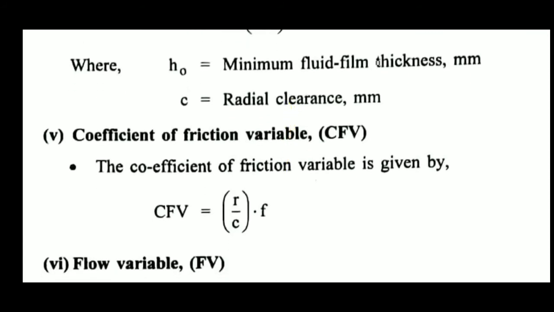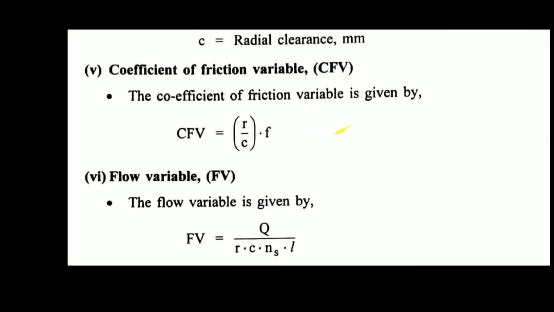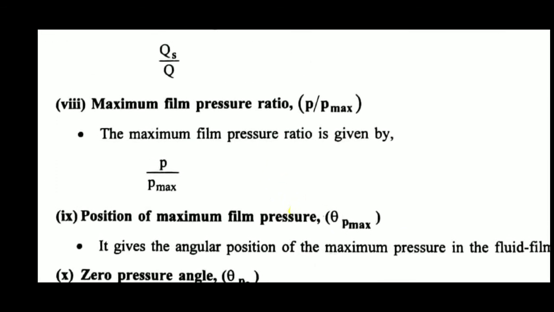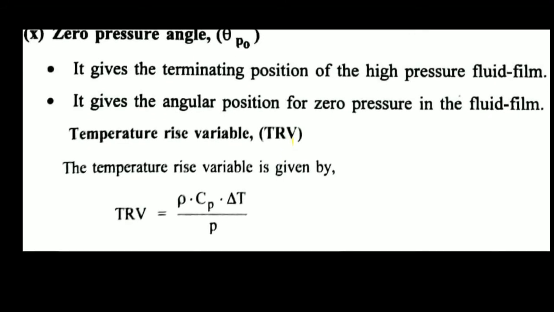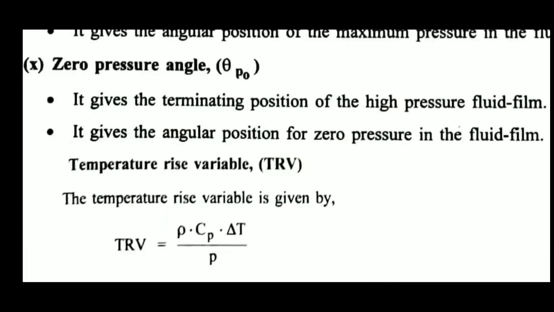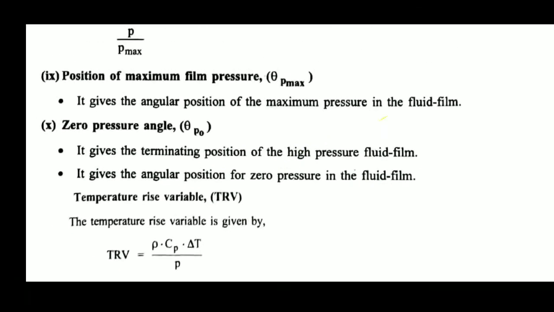Then the coefficient of friction variable R by C into f, the flow variable Q by R C ns into L, the flow ratio Qs by Q, the pressure ratio P by P max, the zero pressure angle, and TRV, the temperature rise variable, rho Cp delta T by P. Rho is density, Cp is the specific heat, delta T is the temperature rise, and P is the pressure. So these are the basic Raimondi and Boyd equations.